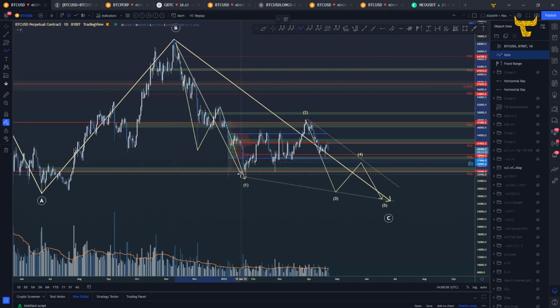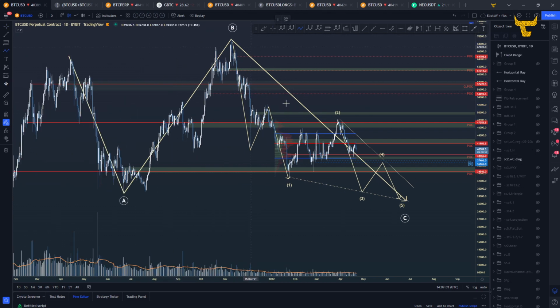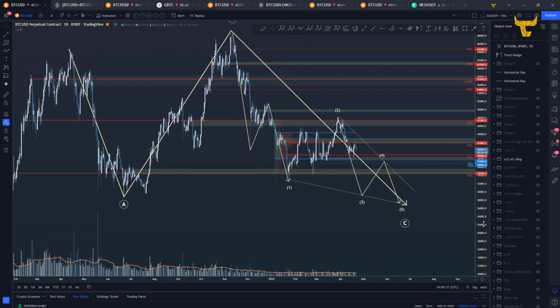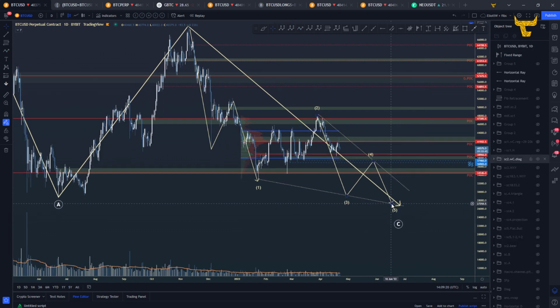So we'll be looking at this as a zigzag ABC. It's a particularity of ending diagonals, where each impulse is subdivided in zigzags instead of 5 waves down. We know that this could be 1, 2, 3, 4, 5, so it could work both ways, because an ending diagonal can be subdivided in zigzag, but doesn't have to. It's not a must.